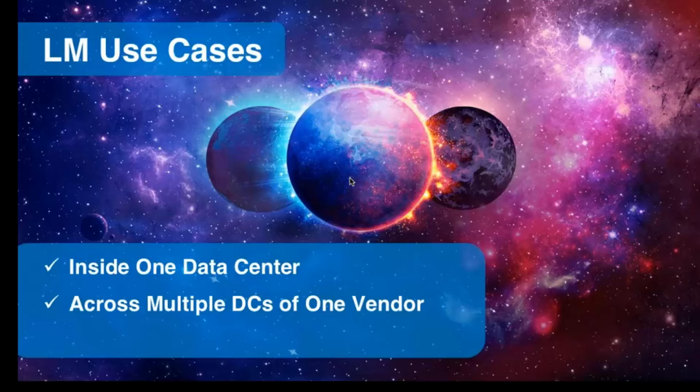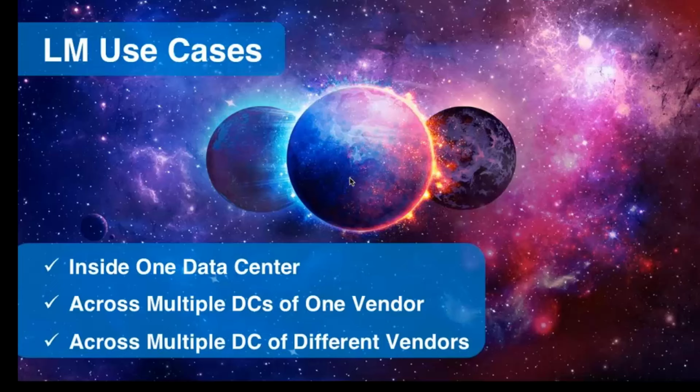And the last one is live migration across multiple data centers of different vendors. This is the most difficult part, actually. For example, let's imagine you are using Amazon and you got nice bonuses from Azure and you want to benefit from these bonuses.